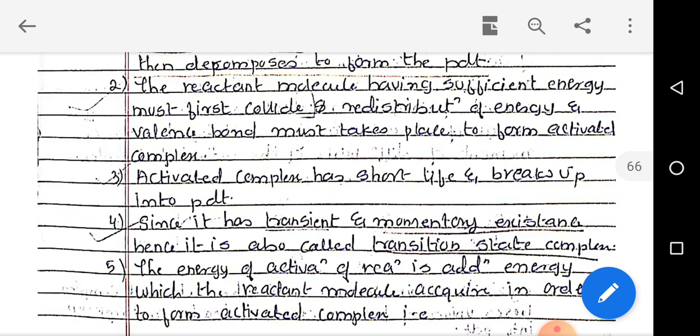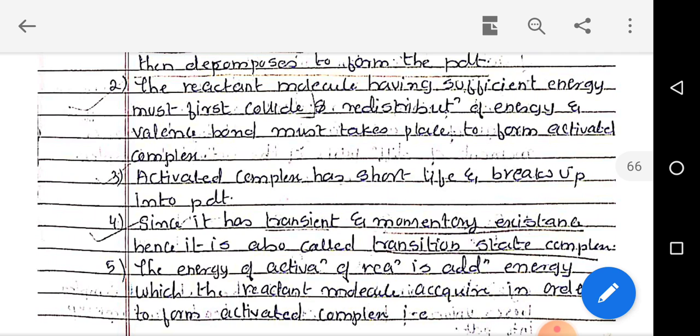The rate of the reaction depends upon the reactant molecules, and the reactant molecules depend upon their energy, because for the reaction to proceed the reactant molecules with sufficient energy can break or form bonds.